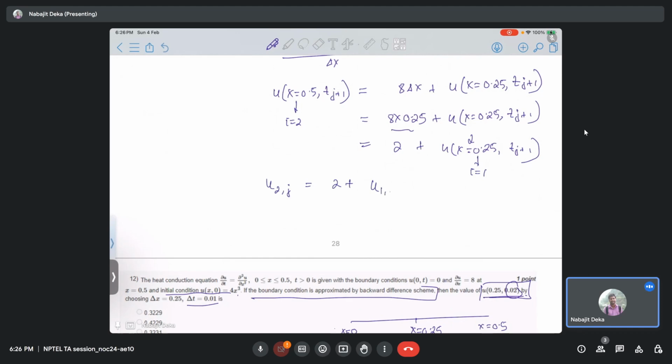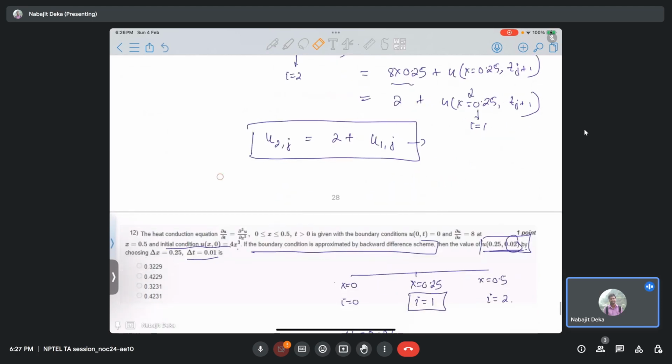So this is one of the boundary conditions that is being specified. Another boundary condition is u 0 comma t is 0, so that means u 0 comma j is 0. These two are the boundary conditions that we have.